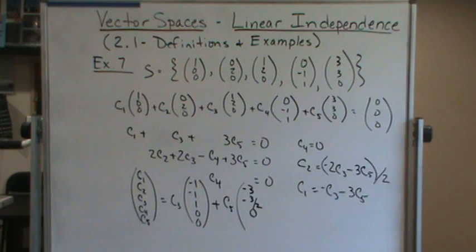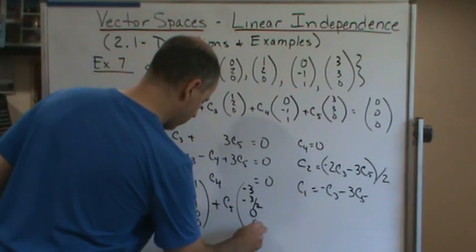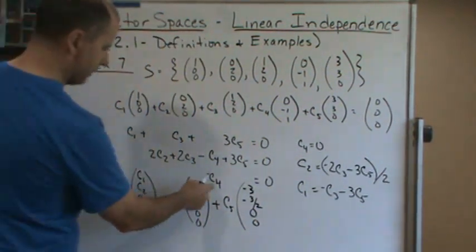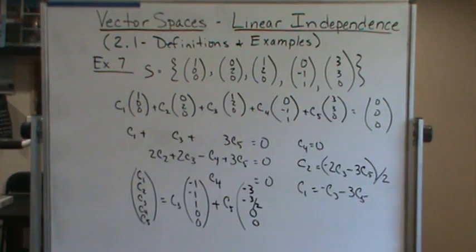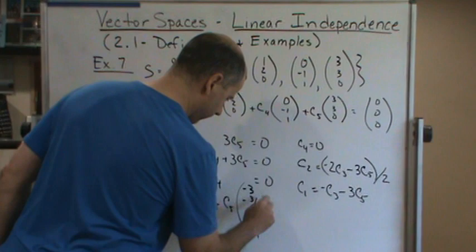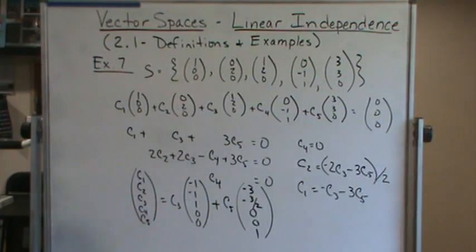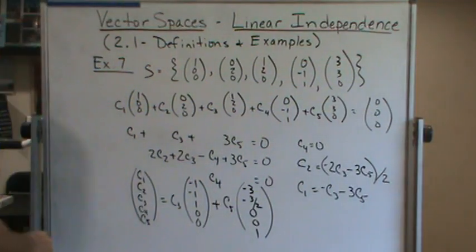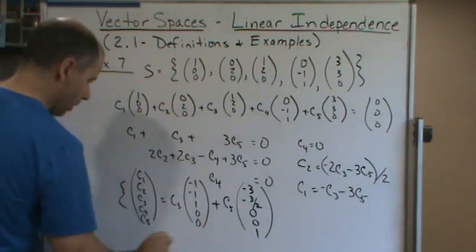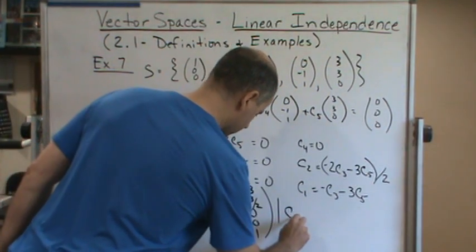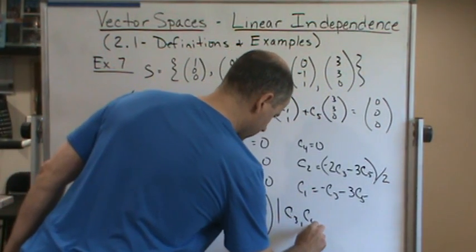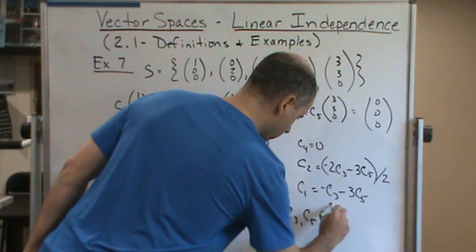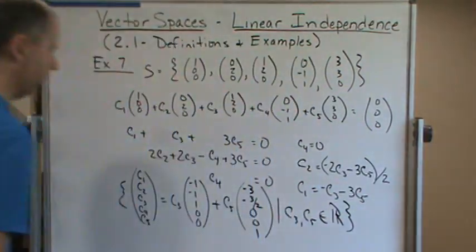And then of course C4 is 0, because that's what it is. And then we've got 1 for C5. And of course C3 and C5 are real.